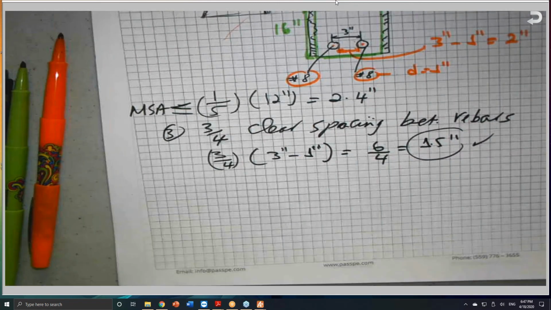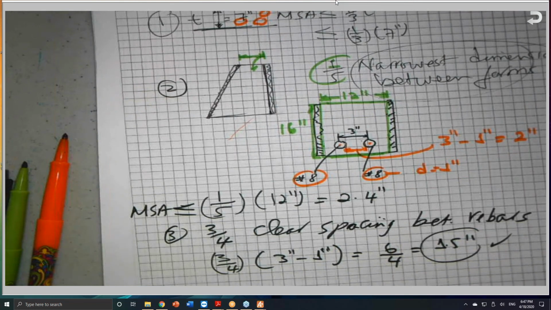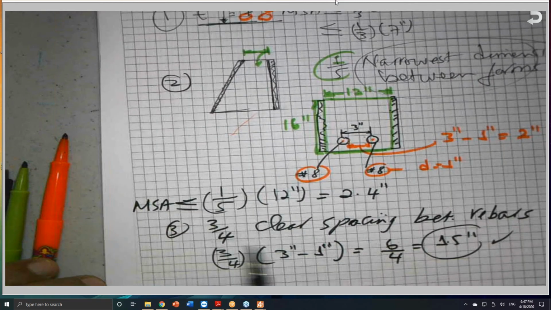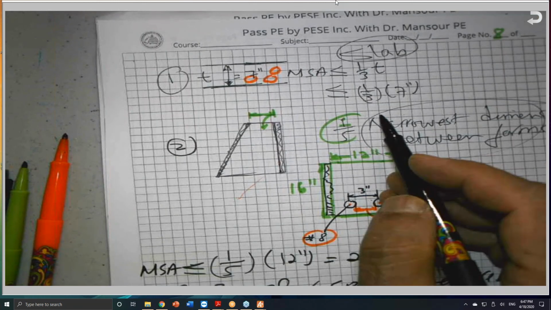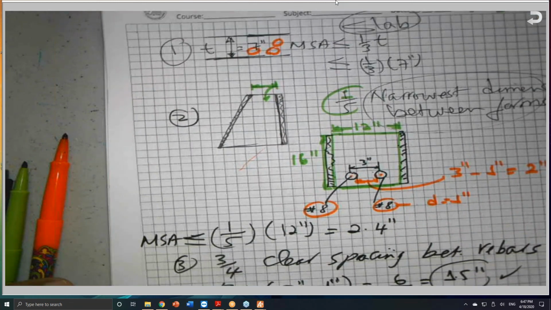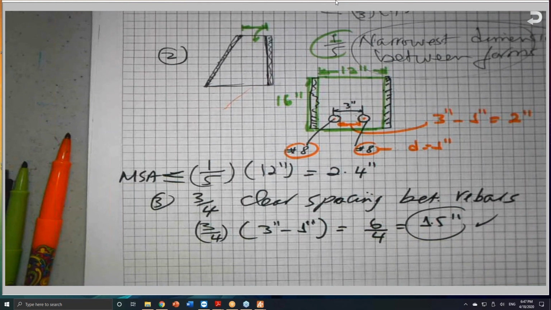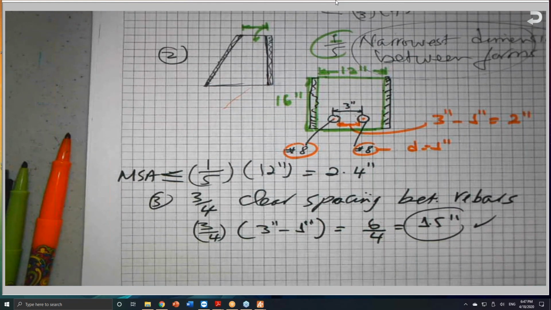The reason the ACI code put these 3 requirements is to ensure that we have enough strength through uniformity or homogeneity.